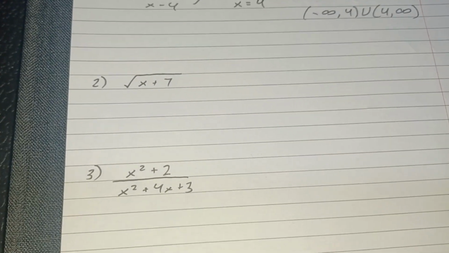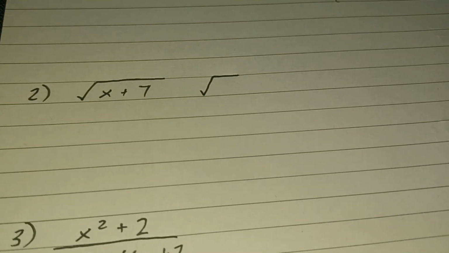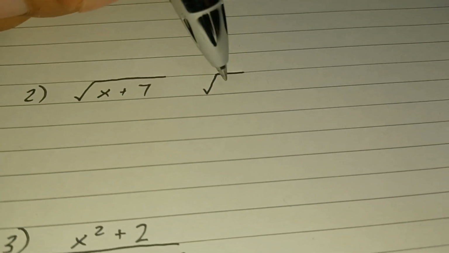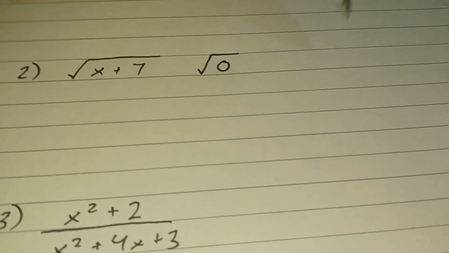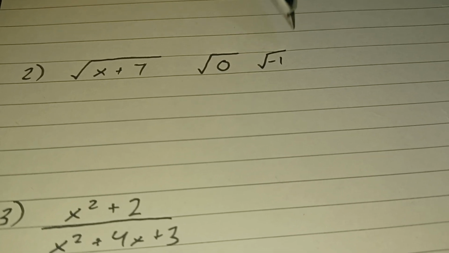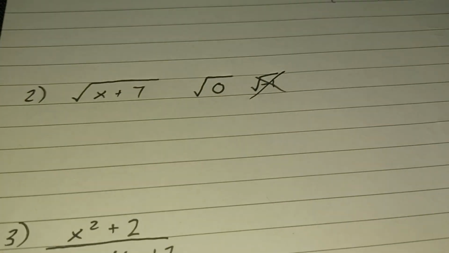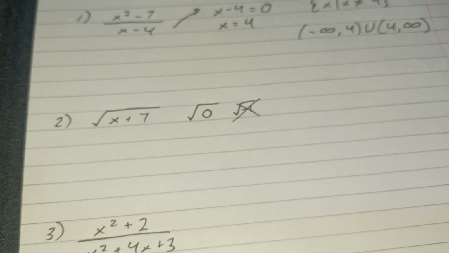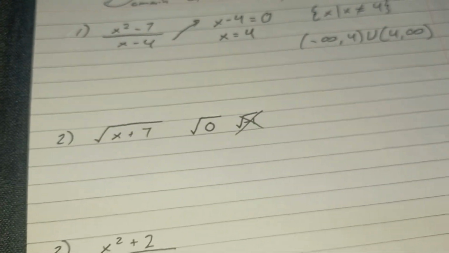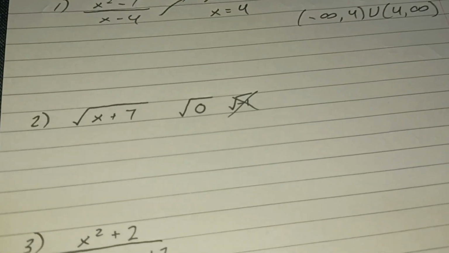X plus 7. So when we have a root, a square root in this case, we can have the square root of 0, right? But we cannot have the square root of negative 1 in terms of real numbers. So we want this to be greater than or equal to 0.